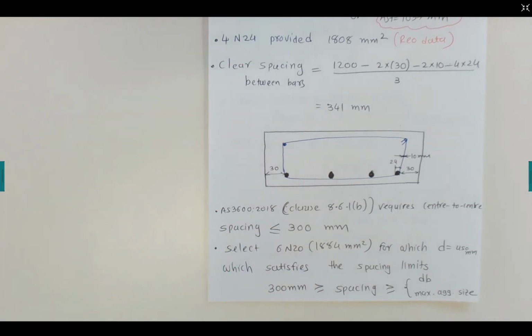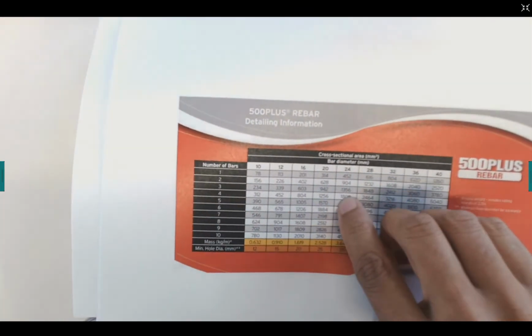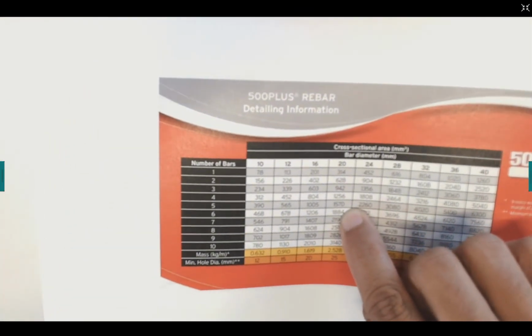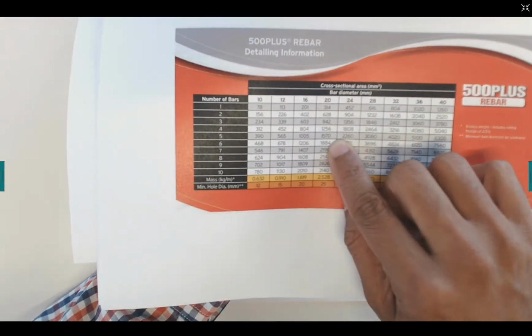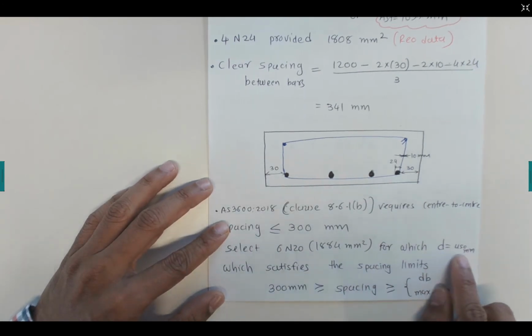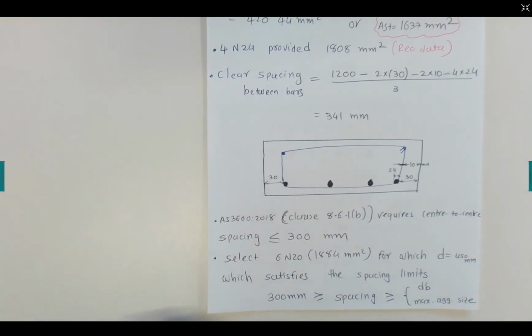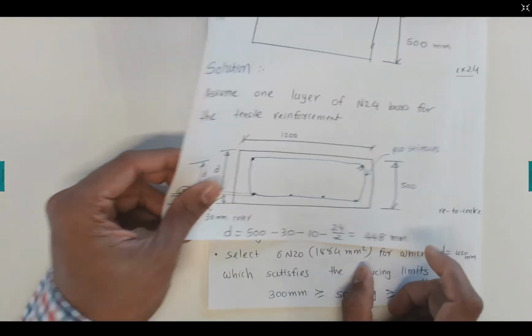If you go back to the Rio table again, 6 N20 bars have an area of 1884 millimeters square. So that 1884 millimeters square is what we adopted here, for which d is 450 millimeters. In this calculation, if you substitute 20 instead of 24, it gives us d of 450 millimeters.